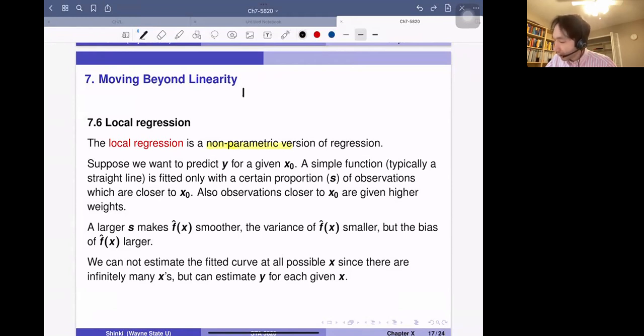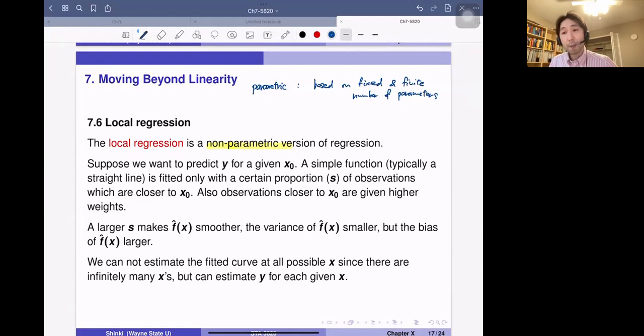Parametric means the model is based on a fixed and finite number of parameters, and non-parametric is not. So what does it mean when we say fixed and finite number of parameters?